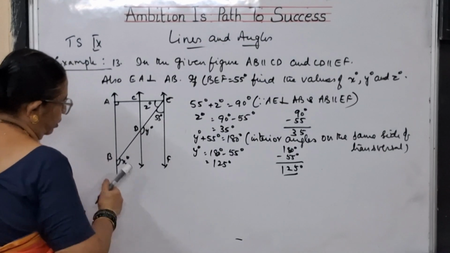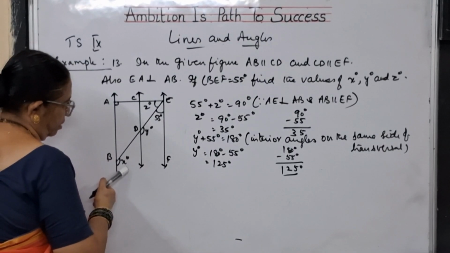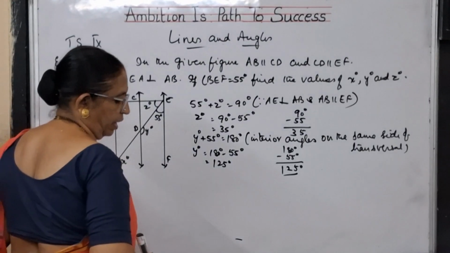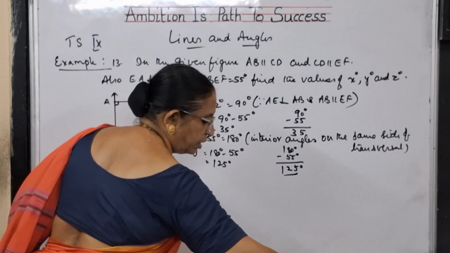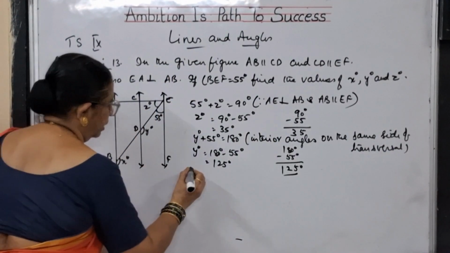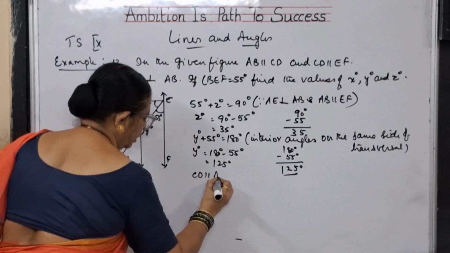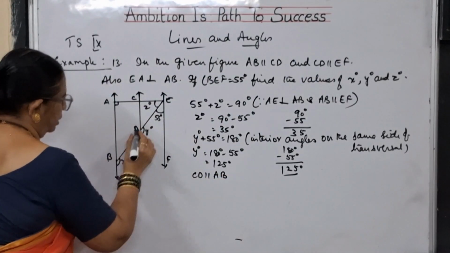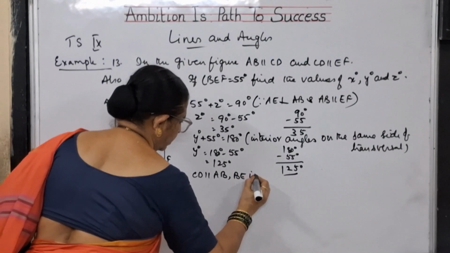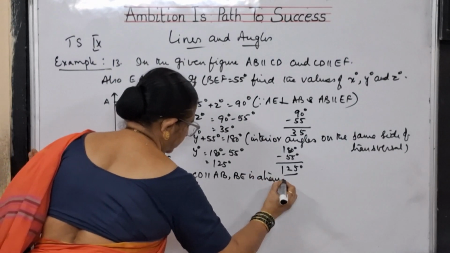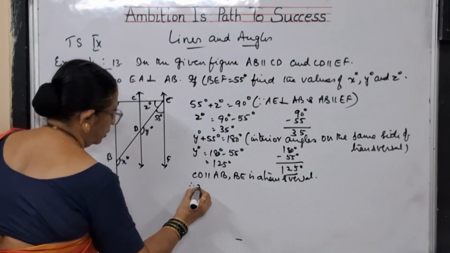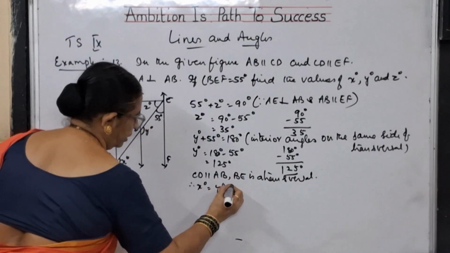Next, you want x. X and y, they are equal, no? Angle x and y, they are corresponding angles. See, these two are parallel lines. CD is parallel to AB and BE is a transversal. Therefore, x degrees is equal to y degrees.